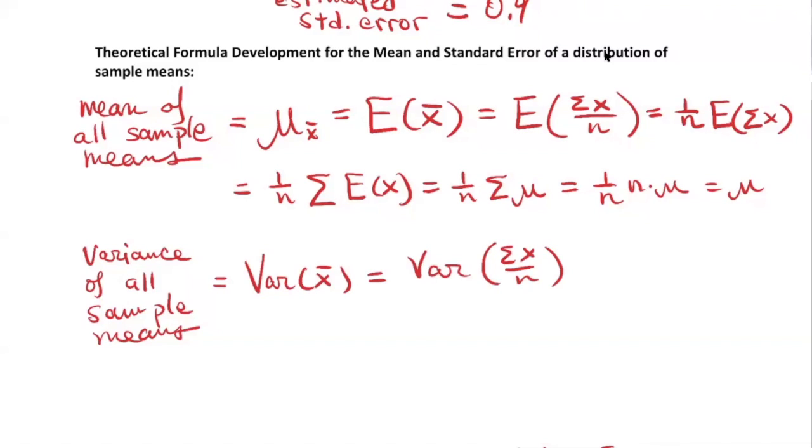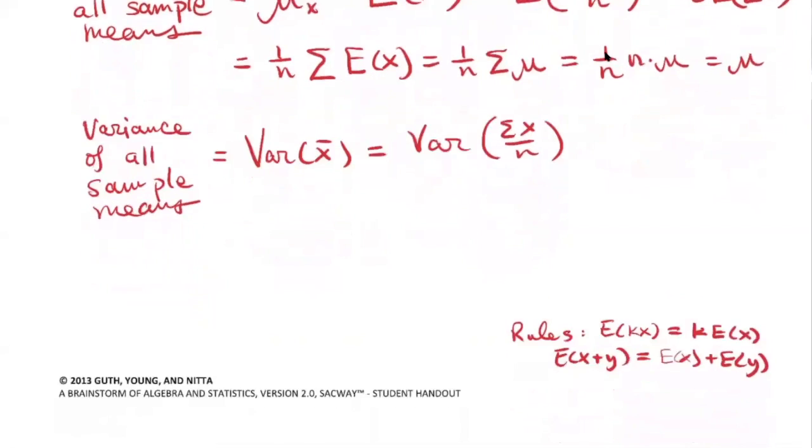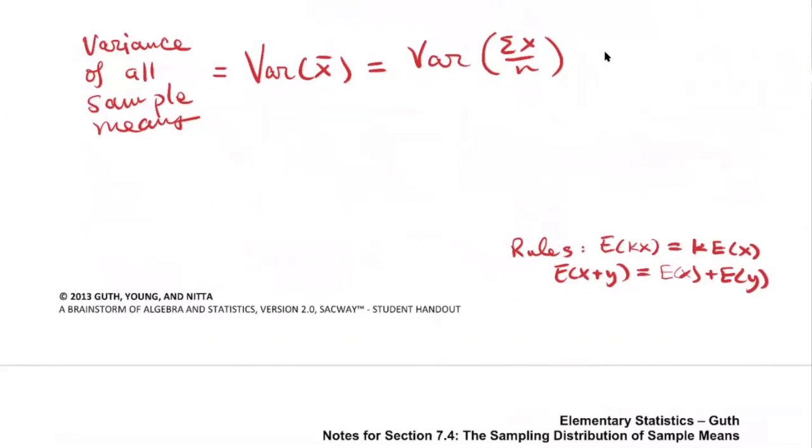And now I need principles again. Okay, now this assumes that the variables are independent. So if each outcome is independent, then we know that the variance of x plus y is the variance of x plus the variance of y.